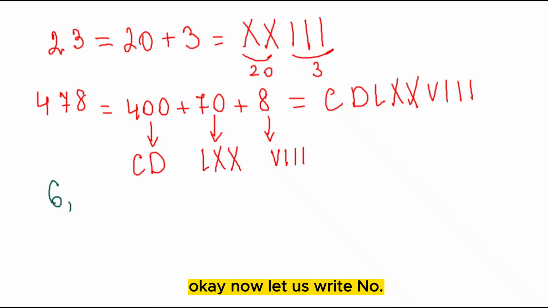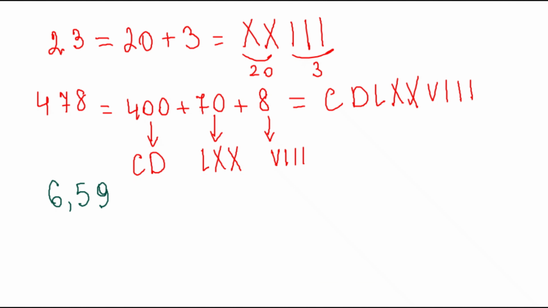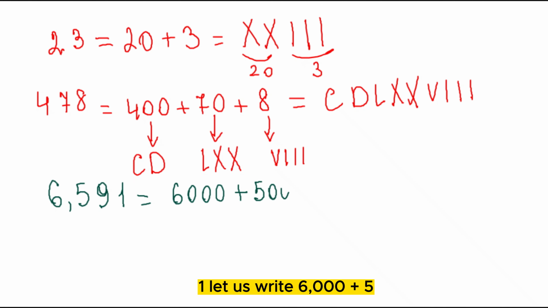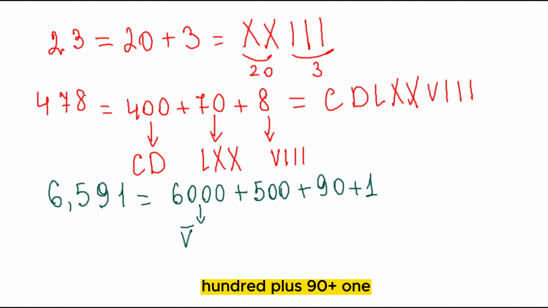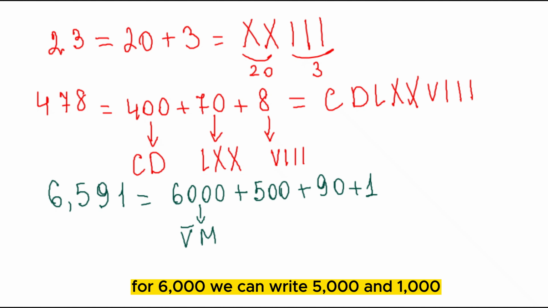Okay, now let us write the number 6,591. Let us write 6,000 plus 500 plus 90 plus 1. For 6,000, we can write 5,000 and 1,000.